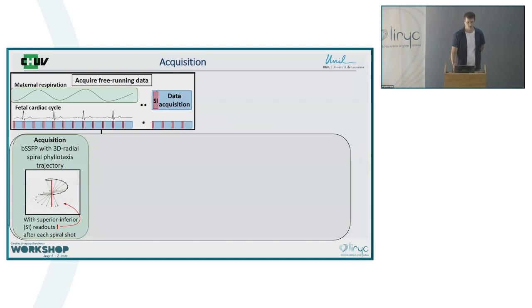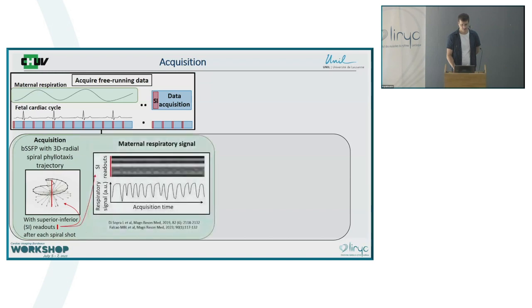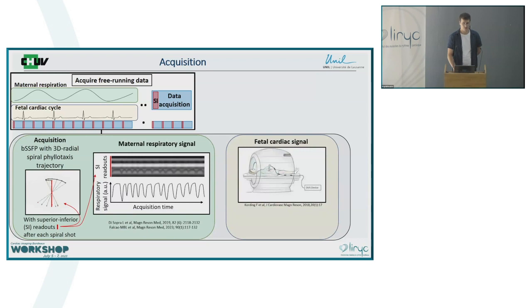After each shot of the 3D radial phyllotaxis trajectory, an SI readout is acquired to then be used for the maternal respiratory signal extraction by filtering the principal components of those SI projections according to the free-running framework, like Matthias presented in the morning.